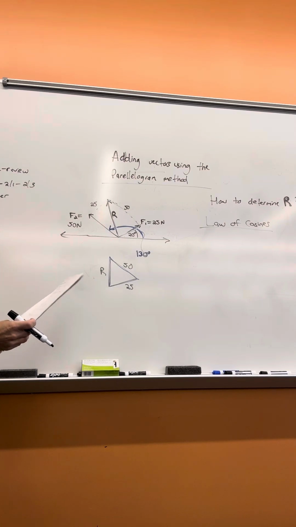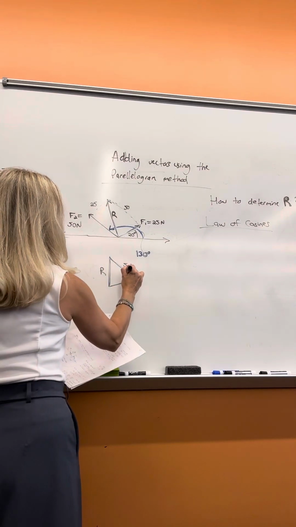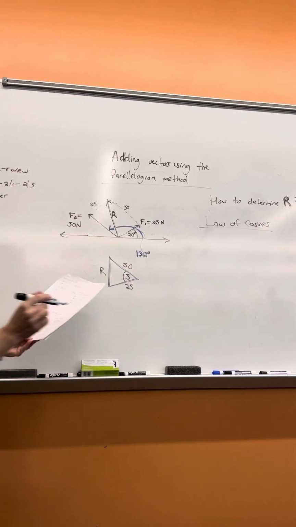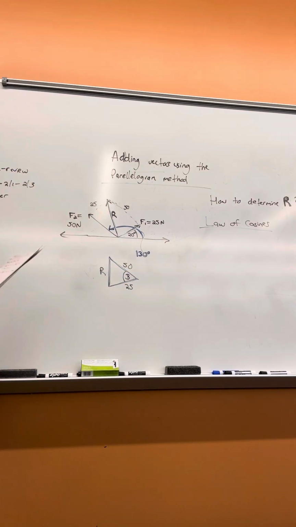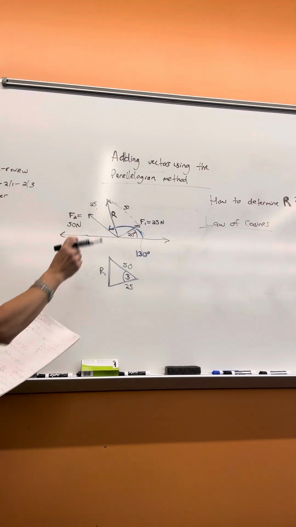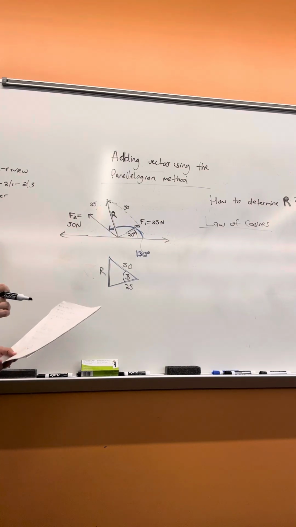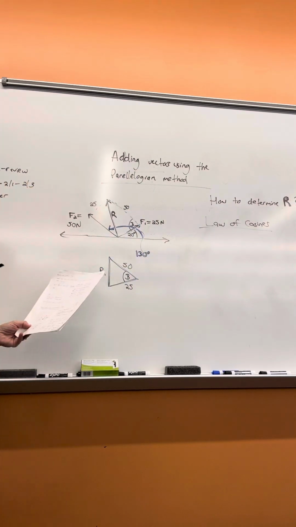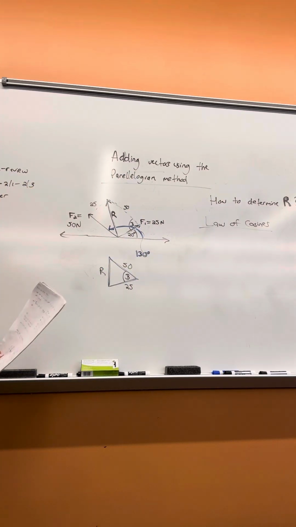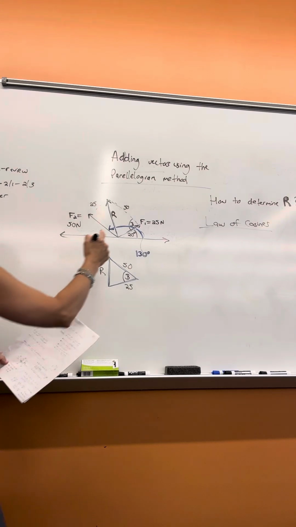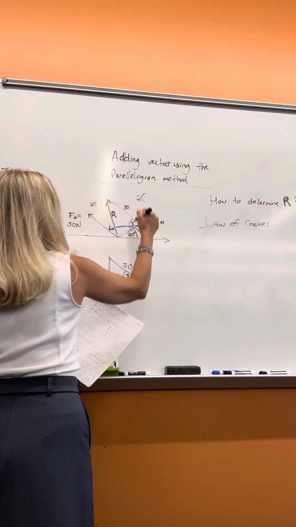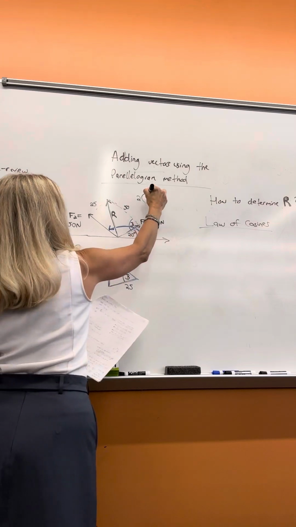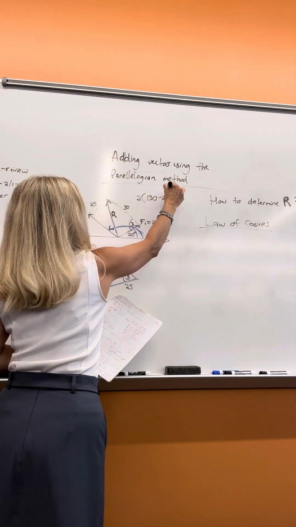Now let's start with figuring out what this angle here is. We're going to call this beta. Let's go back to our parallelogram and solve for beta. What's our rule for parallelograms? What do all the angles have to equal? 360. Okay, so we're going to have 2 times 130 minus 20, right?